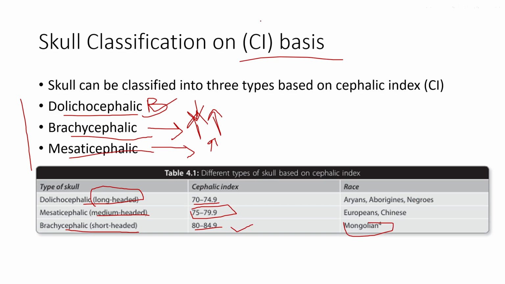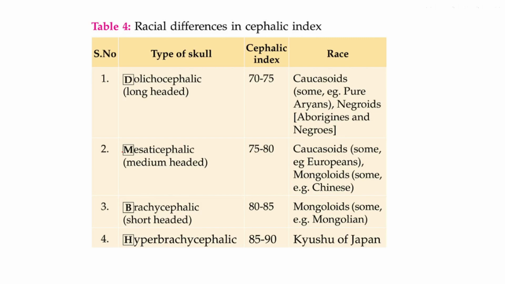According to this cephalic index, the skull has been divided into dolichocephalic, bigger head, brachycephalic, smaller head, and mesocephalic, medium head. Dolichocephalic is specifically for the Caucasoids, and their cephalic index starts from 70 to 75. Mesocephalics are the Caucasoids as well as the Mongoloids, and Chinese and Japanese specifically have the medium head.